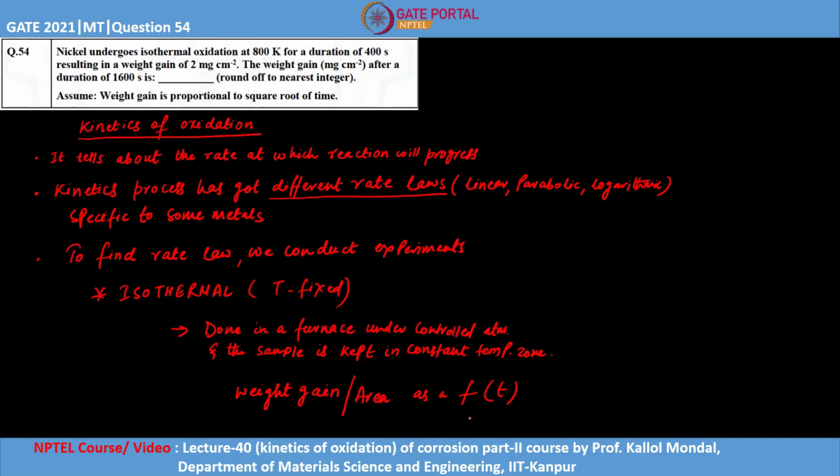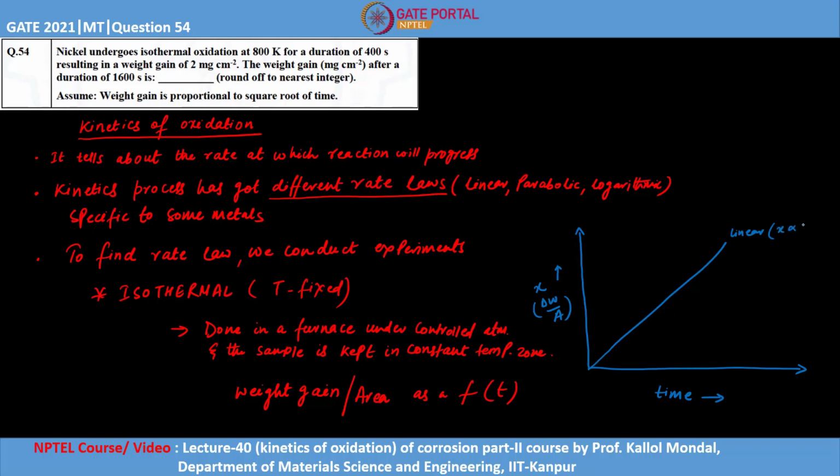which will lead to weight gain per unit area in most of the cases. So now let's draw the plot which different metals will follow by following different rate laws as I mentioned earlier. If you plot weight gain per unit area, which you can denote as x or delta W upon A, in this direction as a function of time in this direction, the rate laws can be linear like this, which means x is directly proportional to t.